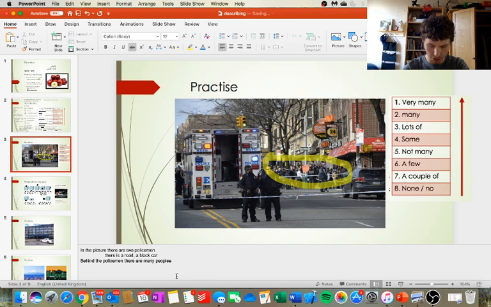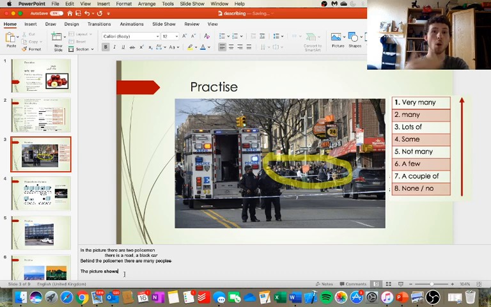The picture shows a few police officers. They are closing the road. Wasim. Beautiful. The picture shows. I like that. Shows.